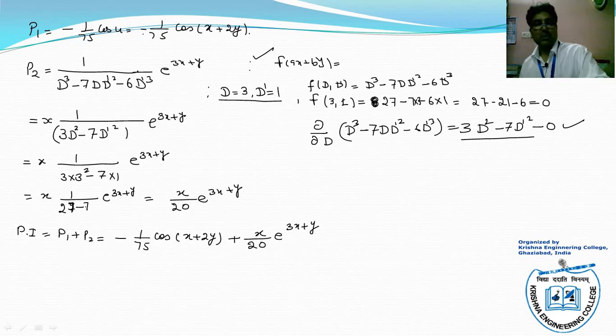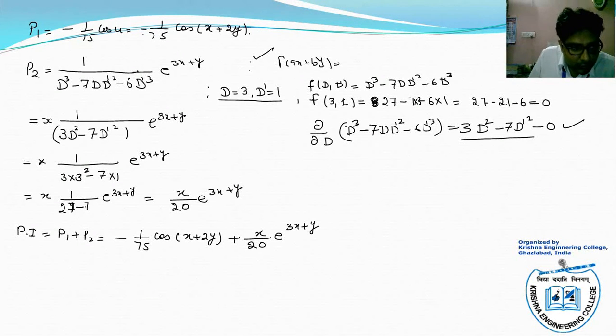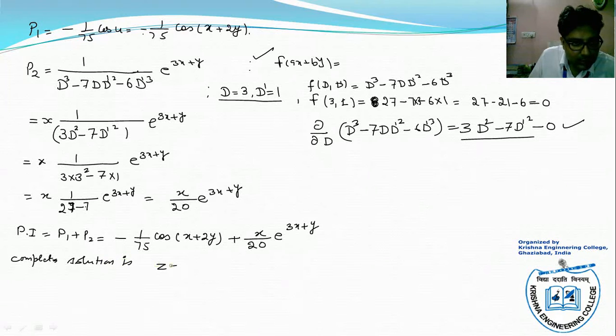Now the complete solution of the given equation is z equal to CF plus PI.